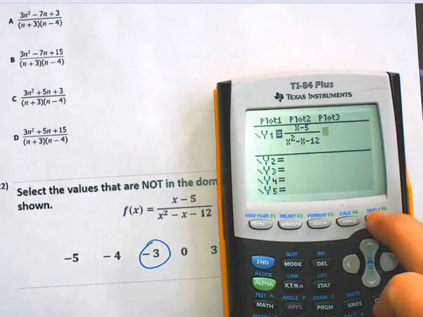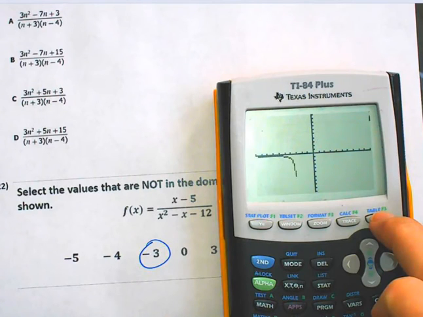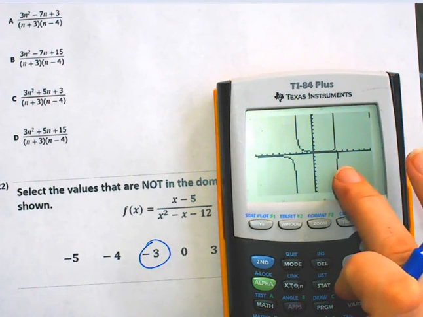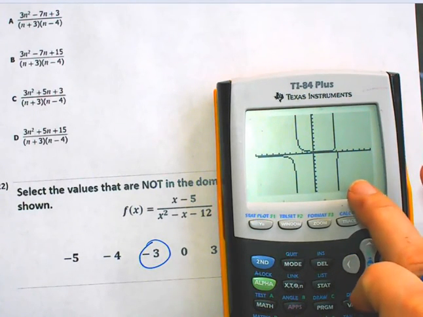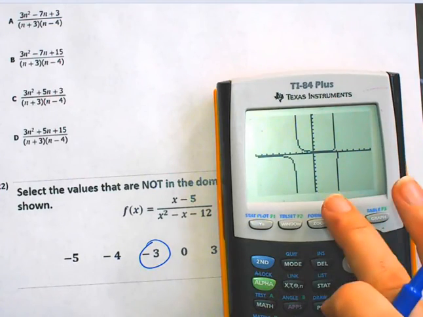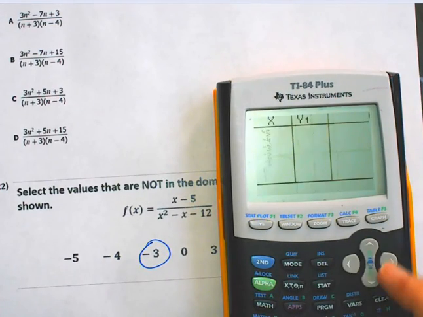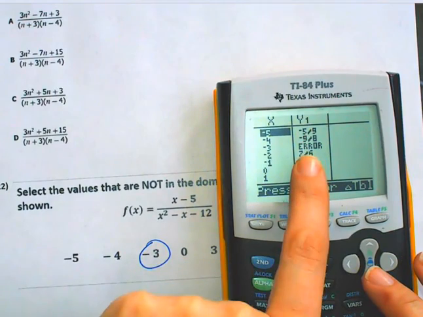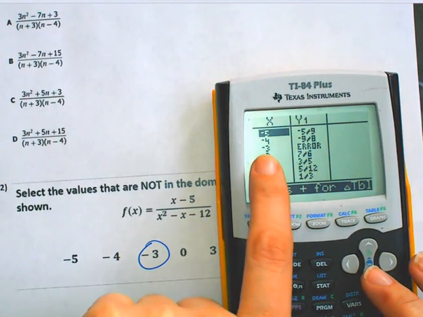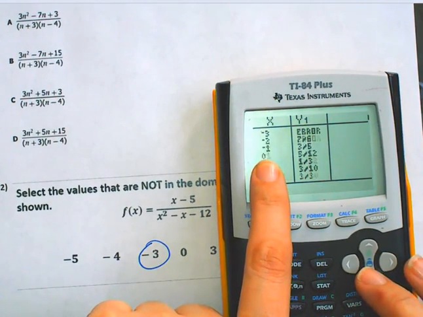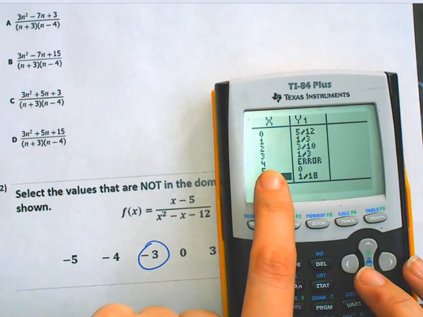And then we're going to go ahead and go to graph. Remember, the excluded values are where the asymptotes are. Now sometimes on the graph it's kind of hard to see, but if you go into the table and you look, there's an error. The graph cannot exist at negative 3, and the graph cannot exist at 4.